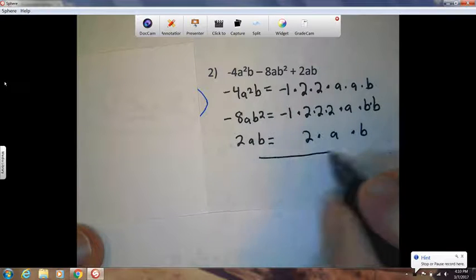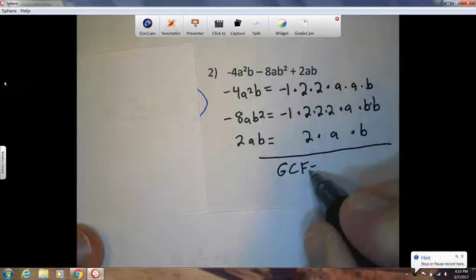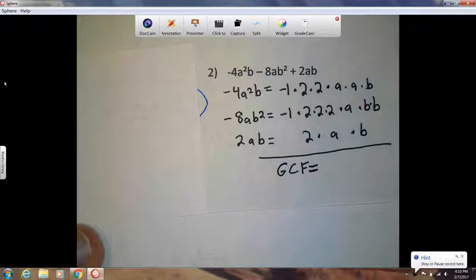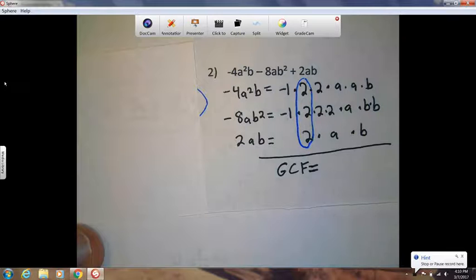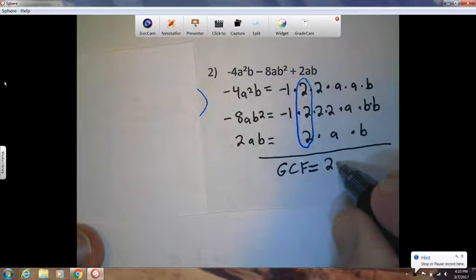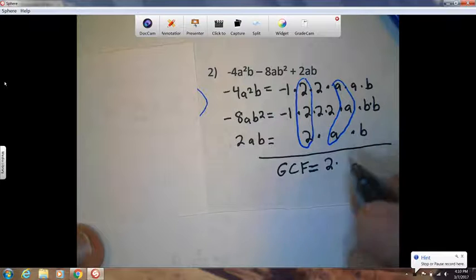So now I'm looking for my greatest common factor. It's common, so it has to be something that all 3 of them have. So I have a 2 here. So 2. All of them also have an a. And all of them have a b.